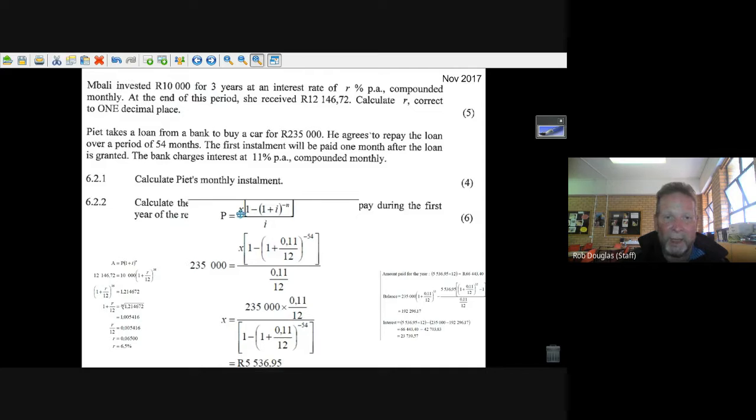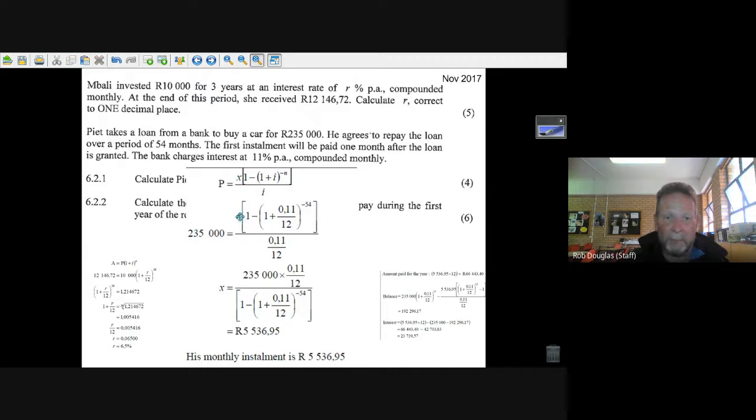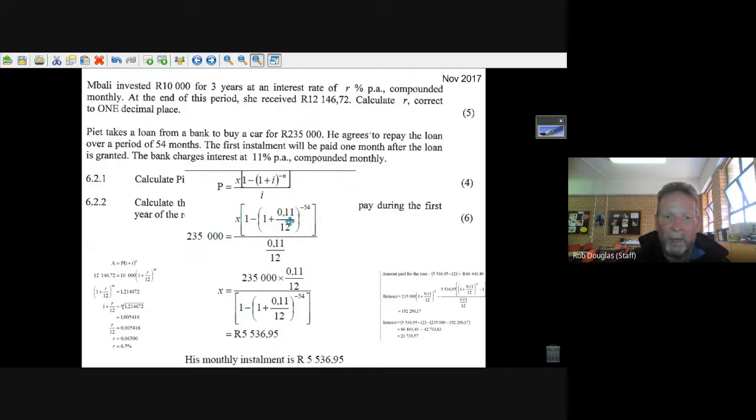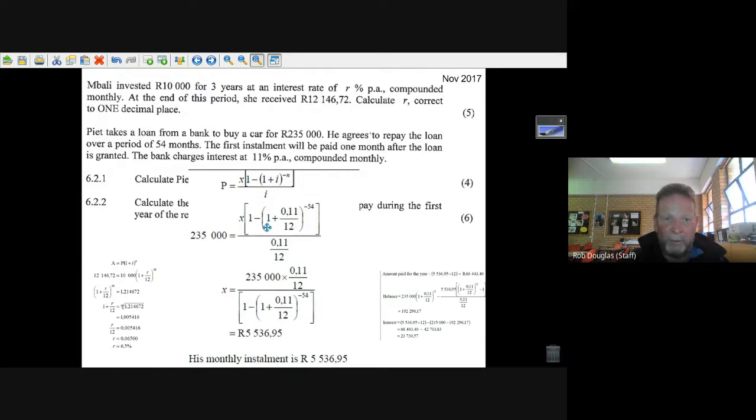In fact, that's what they asked for. Calculate the monthly statement, X. But we know the interest is 11% monthly, 0.11 over 12. And we know that it's 54 months because they said N is 54. Well, there you go. You get a couple of marks just for putting all the numbers in the right places.